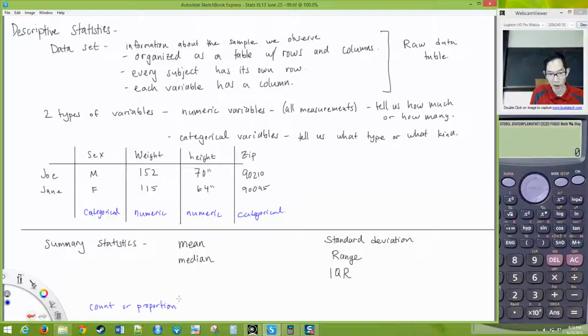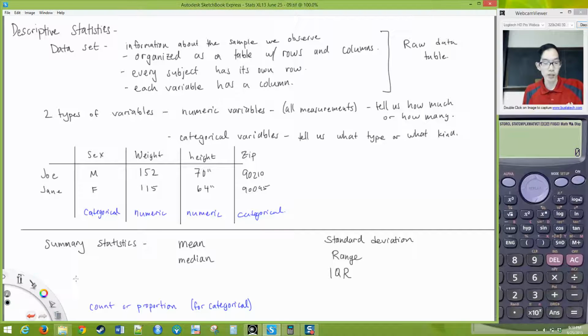Also summary statistics, but these ones are for categorical ones. So we can talk about the proportion of the class that's female. Okay, and that would be a summary statistic. You wouldn't talk about the proportion of weight. You know, you would summarize that with the mean or median or standard deviation, range, or IQR.